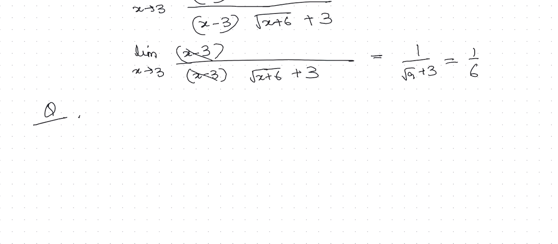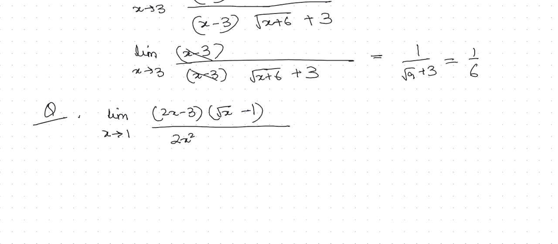Now, if the question is like this, limit x tends to 1 of (2x minus 3 under root x minus 1) over (2x square plus x minus 3).